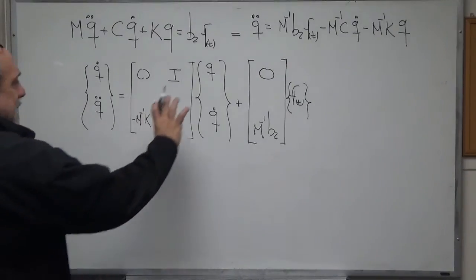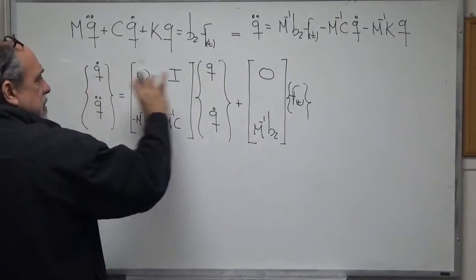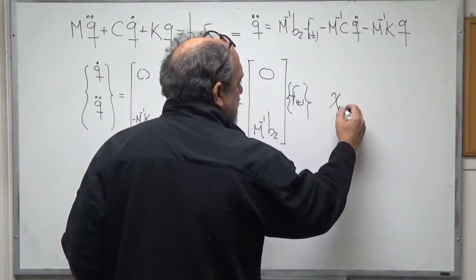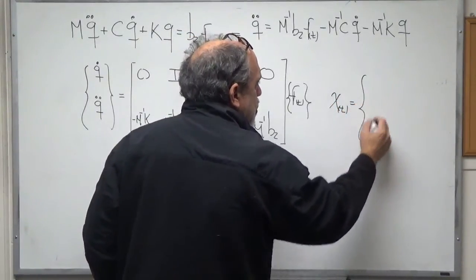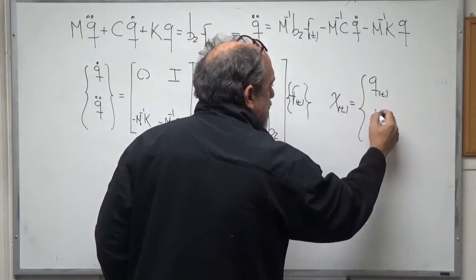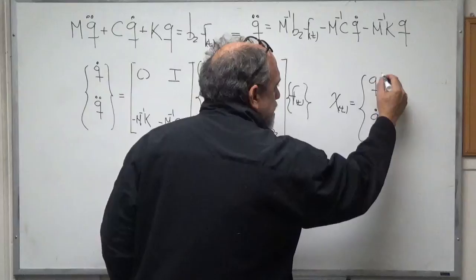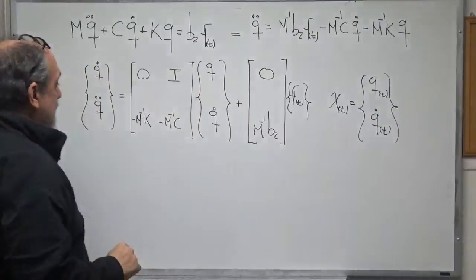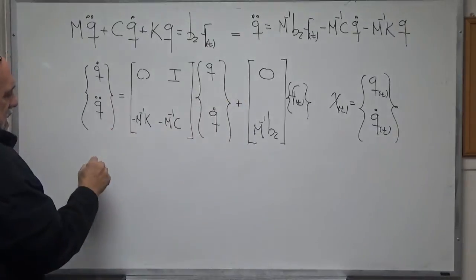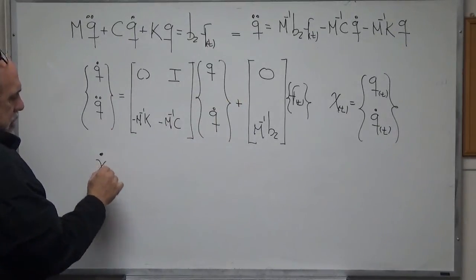Now I can see that because this is the derivative of that, if I call x of t the collection of q of t and q dot of t, then what is this here? If that's x(t), then this here is simply x dot of t, right?